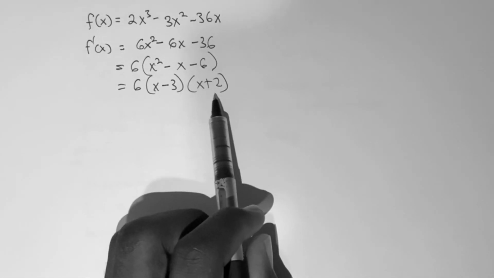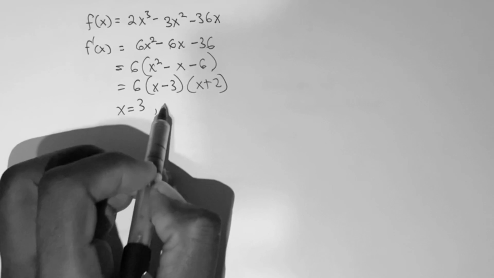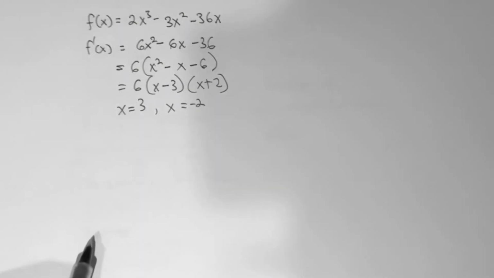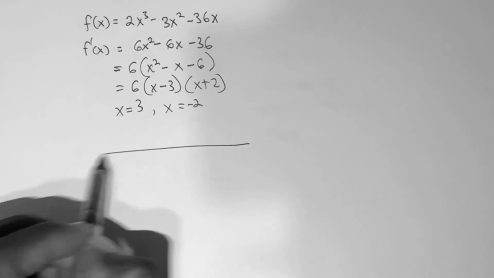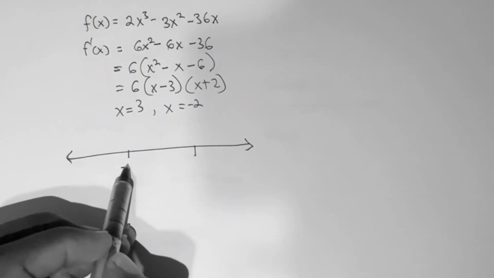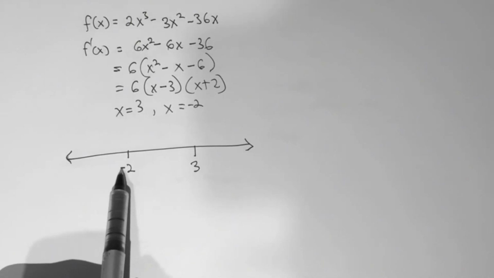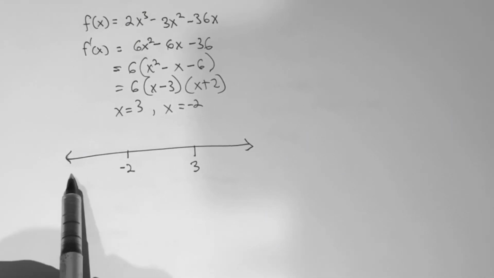So the critical values are at x equals 3 and x equals minus 2. So now let's sketch this on a number line. So this is minus 2 and this is 3. Now let's take values that are less than minus 2.